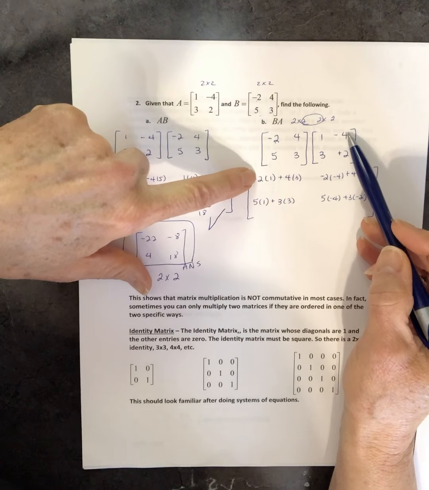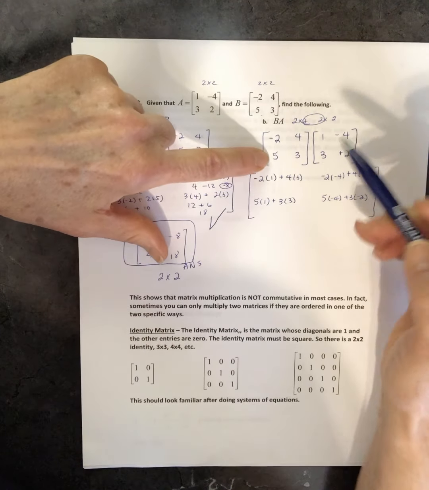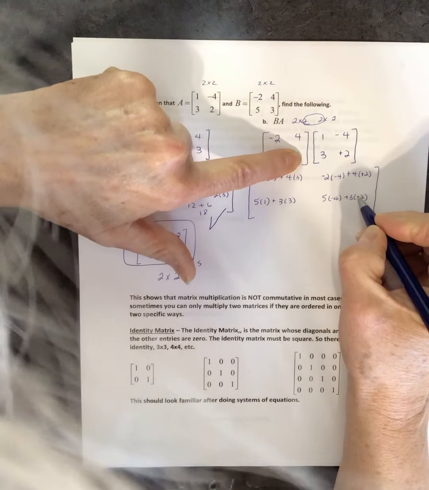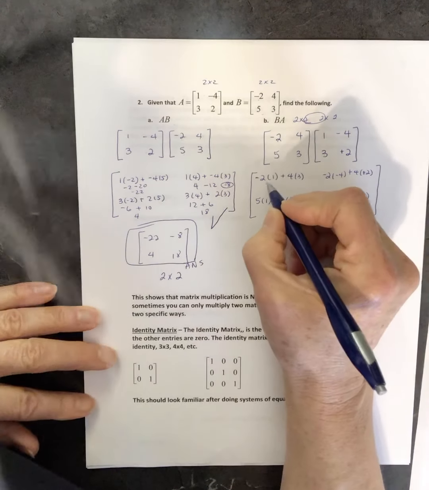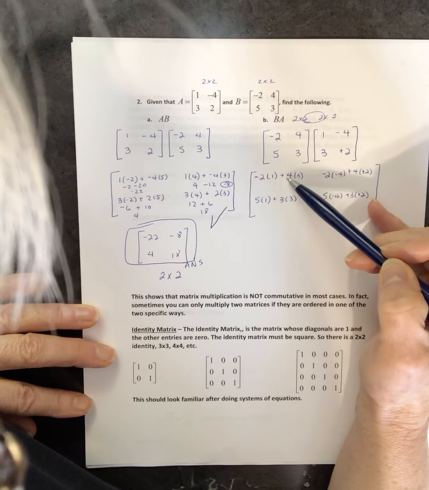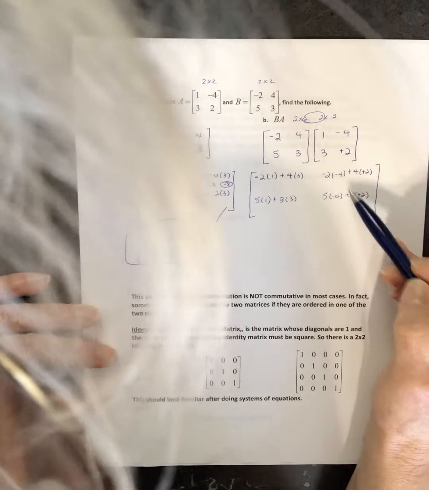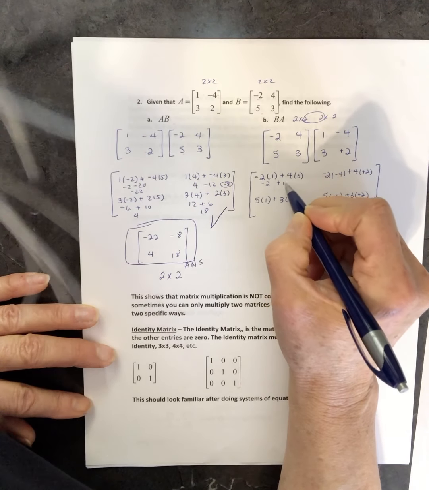That won't change this, but it will change this. And then this, and then this. Okay, so make sure you write your matrices down correctly. But again, just reflect that. And look at the -2 and the 5 and the 4 and the 3. And the -5, the 4, and the 3. All that positioning has to take place.